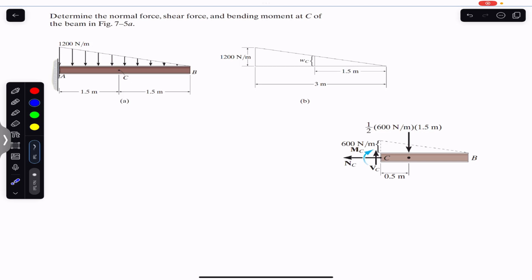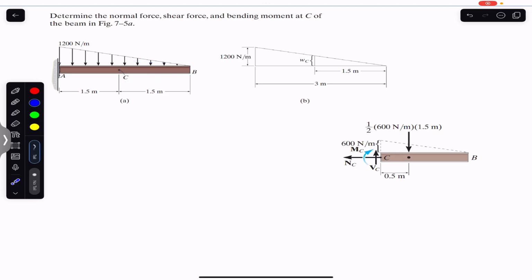There is no need to find the reaction at point A since we are going to consider this BC section. We can either consider the AC section for finding these three internal forces, the normal force, shear force and bending moment, or we can consider this BC section of this cantilever beam.